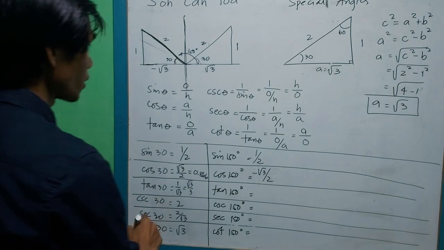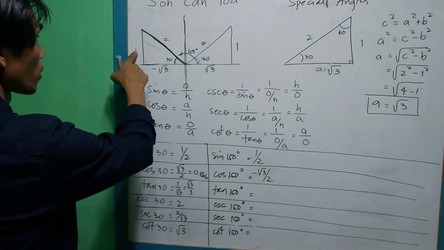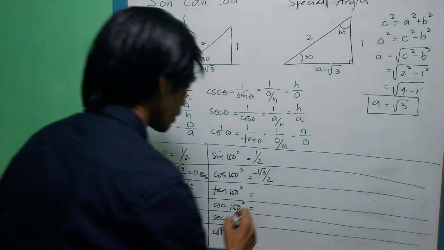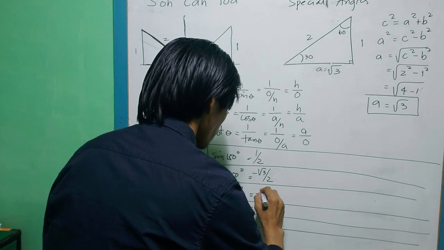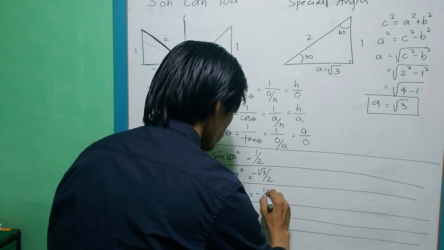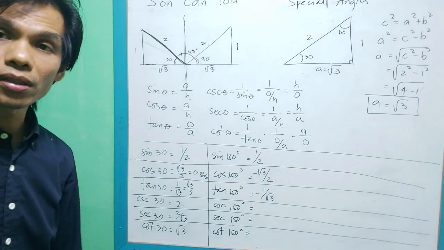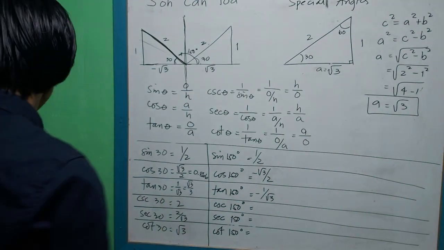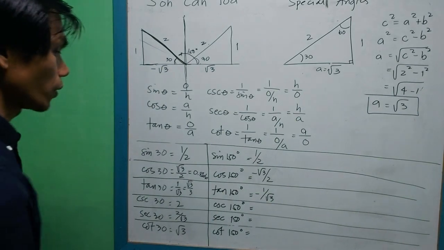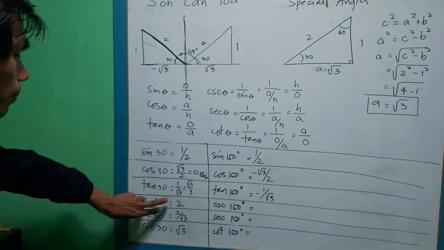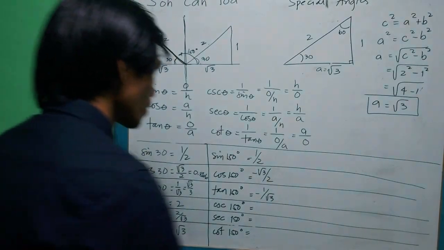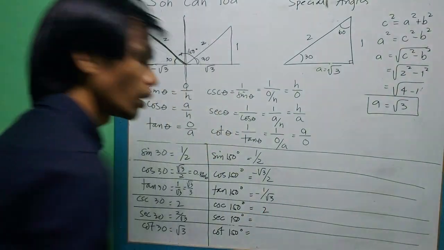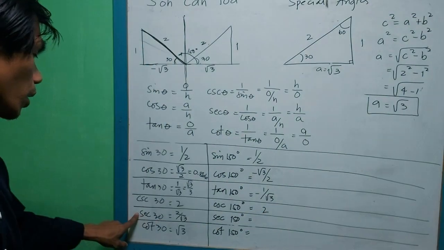Now, tangent of 150. Opposite over adjacent. Right? So, that is 1 over square root of 3. Negative 1 over square root of 3. Okay? And then, cosecant 150. Ang cosecant 150 mo, sabi ko sa inyo, pagbaliktarin nyo lang yung sign. So, that is still 2. Okay?